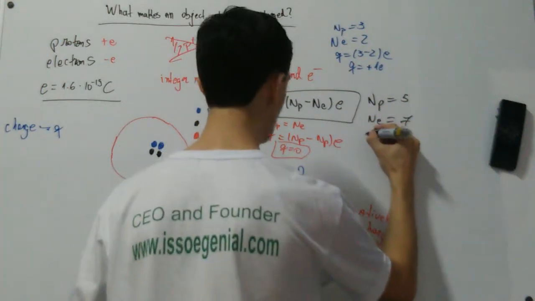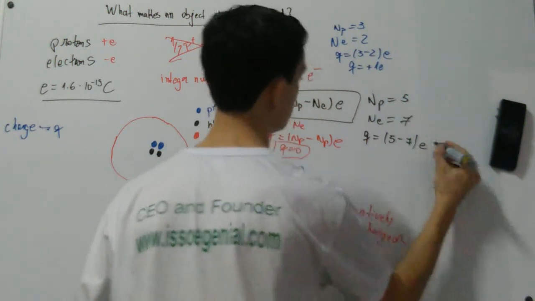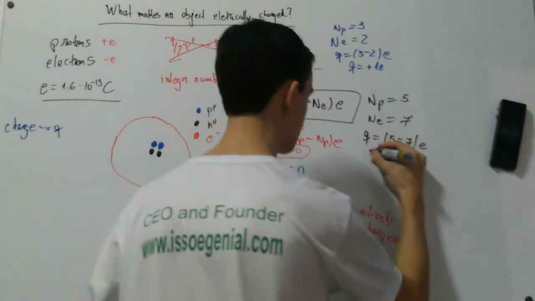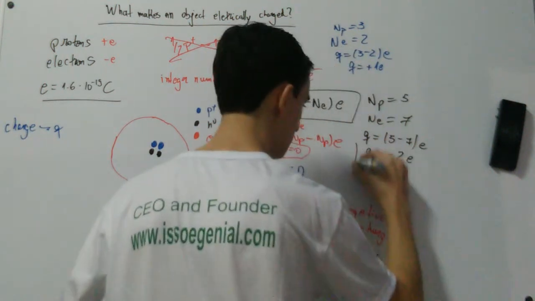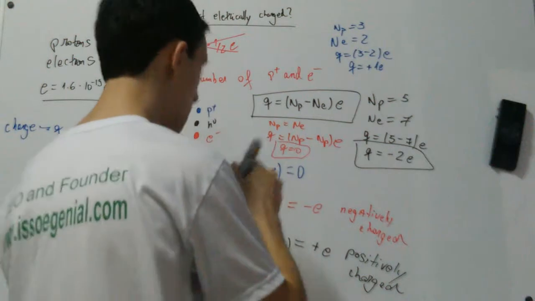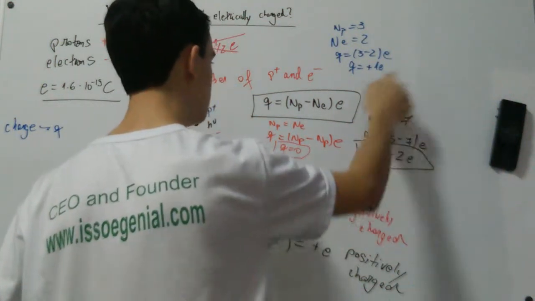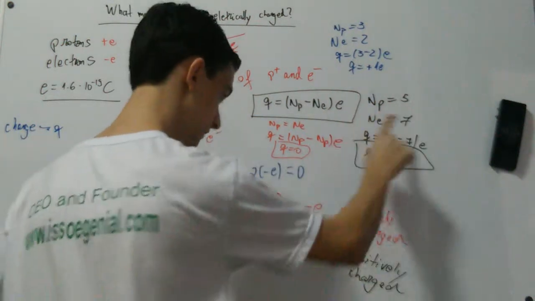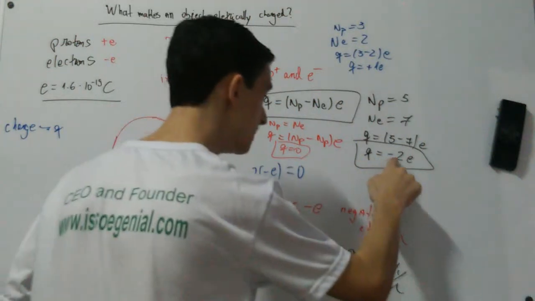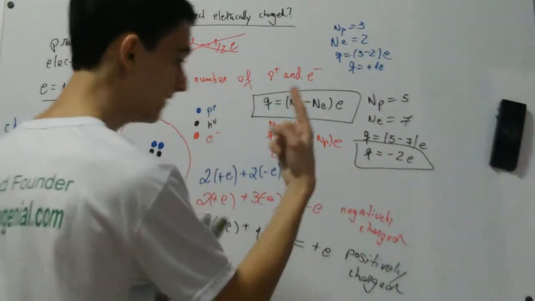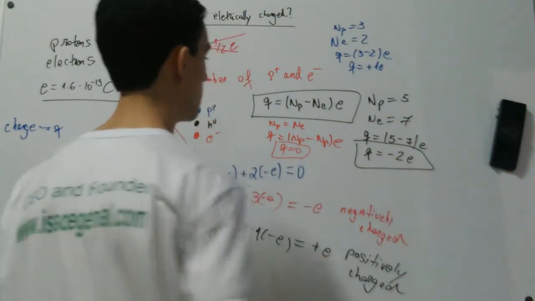So in the equation, the charge is equal to 5 minus 7 multiplied by E. 5 minus 7 is negative 2, so Q is equal to negative 2E. Notice the difference here is 2 electrons. 5 of these electrons are neutralized by these 5 protons. The difference is 2 electrons, so the total charge is negative 2E. If negative E is the charge of 1 electron, then negative 2E is the charge of 2 electrons.